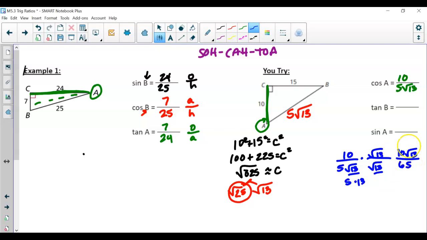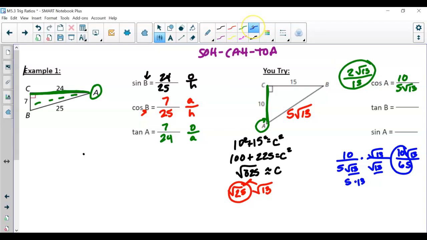Then simplify by 5, because of this common factor of 5, and you end up with 2 radical 13 over 13. So that is cosine.